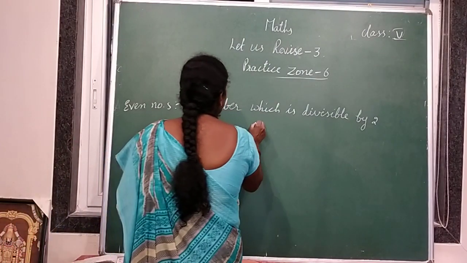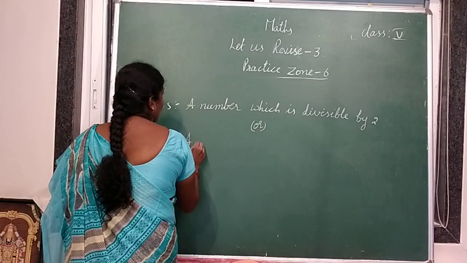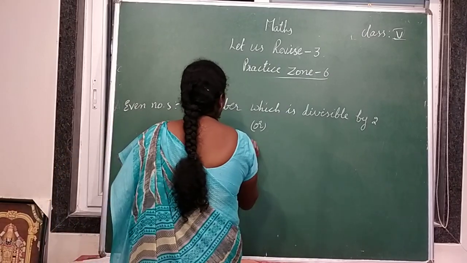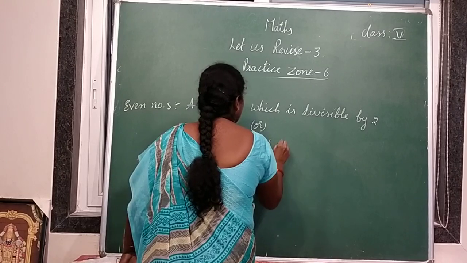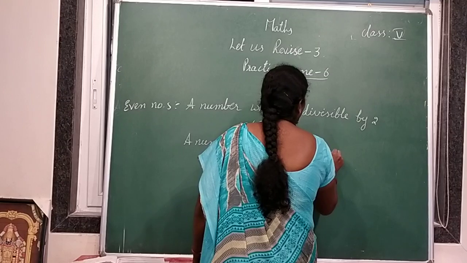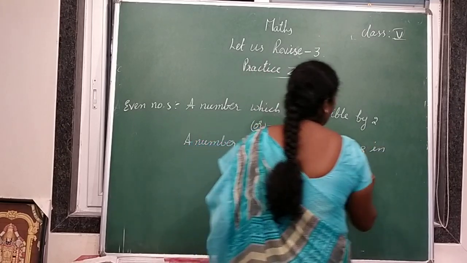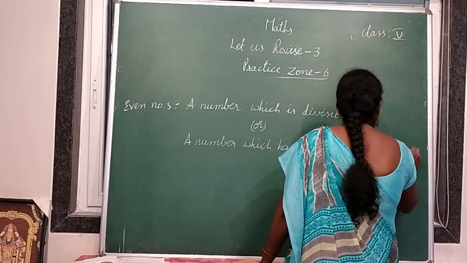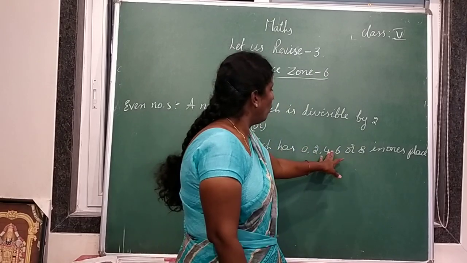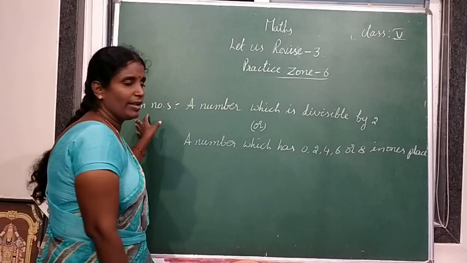Or we can say it as a number which has 0, 2, 4, 6 or 8 in one's place. Those numbers are called even numbers.